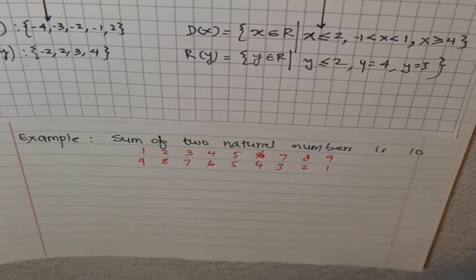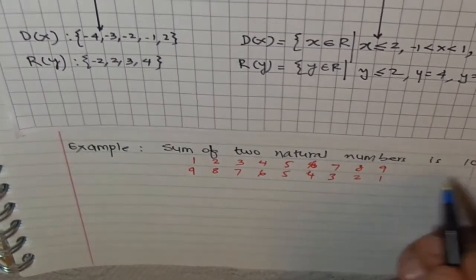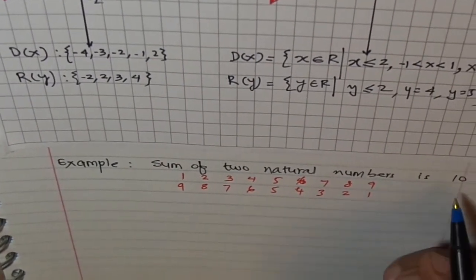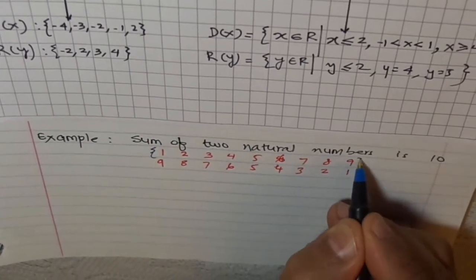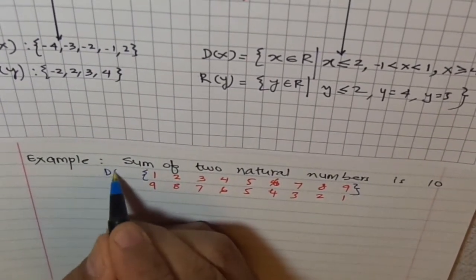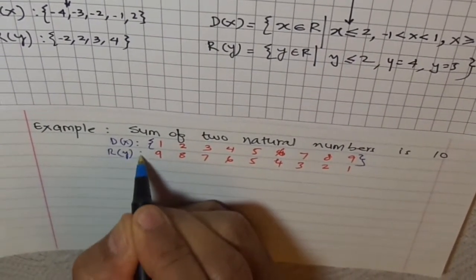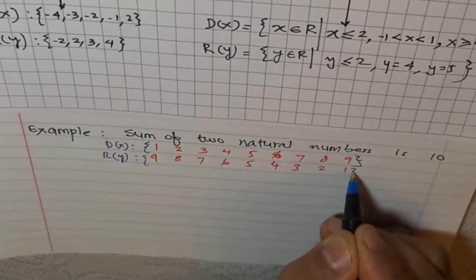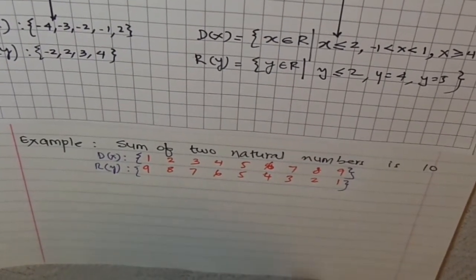Correct? So these combinations give you the set of natural numbers adding to 10. So of course the domain becomes these values. So that's the domain, okay? And what's the range? Range is these values. Do you get it? Yes, we do.